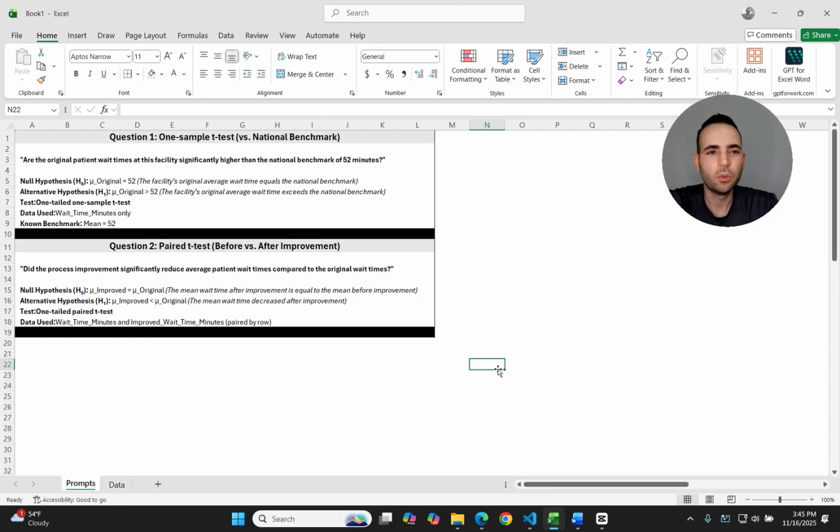The next thing we're going to do is formulate the null hypothesis, which says the status quo is true. So the average of the doctor's office is equal to the national benchmark on average. And then we'll formulate the alternative hypothesis, H1, which says that the average of the original observations for the doctor's office is greater than the national mean.